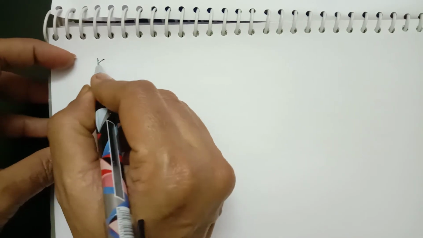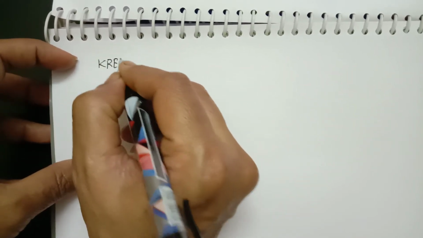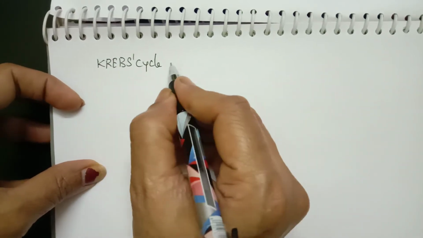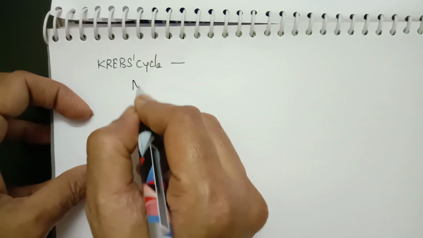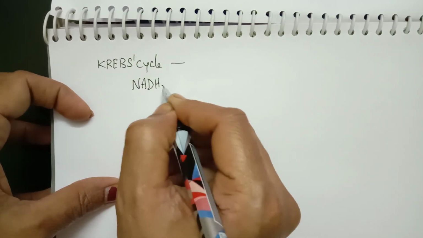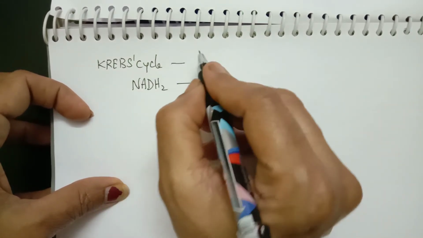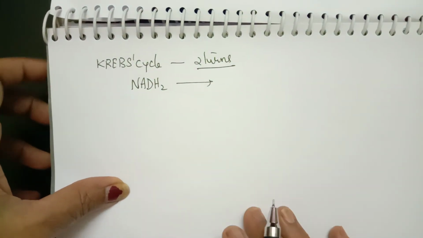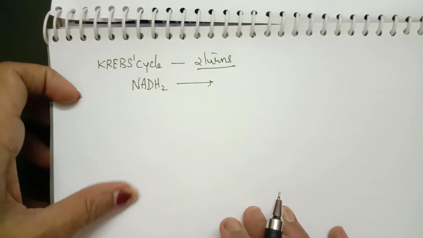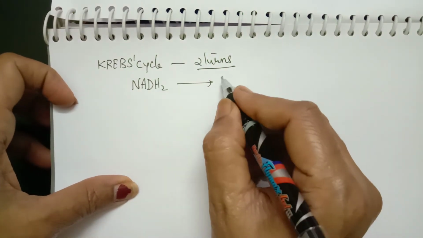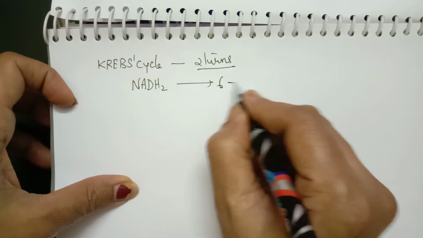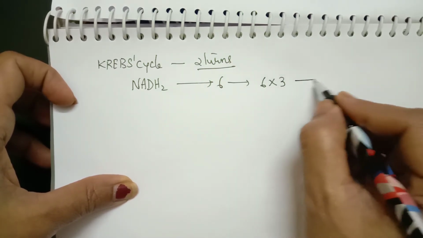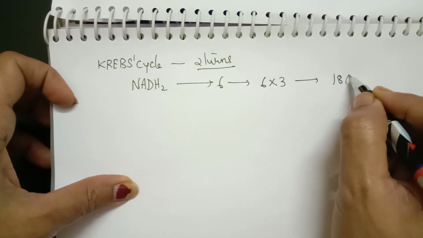Let us now list down the case of Krebs cycle. Here we have to take 2 turns of Krebs cycle. So, the number of NADH2 formed will be 6. This is equal to 6 into 3, that is 18 ATP.